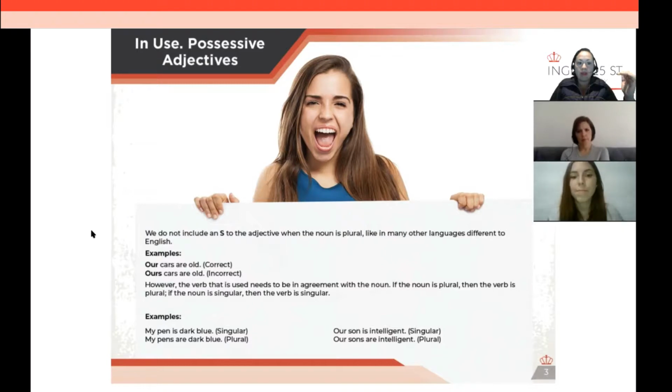So the possessive adjective is without S, and the noun is what is going to be in plural. So do you have any questions about this? No, not really. Okay, so we are going to continue with the next.